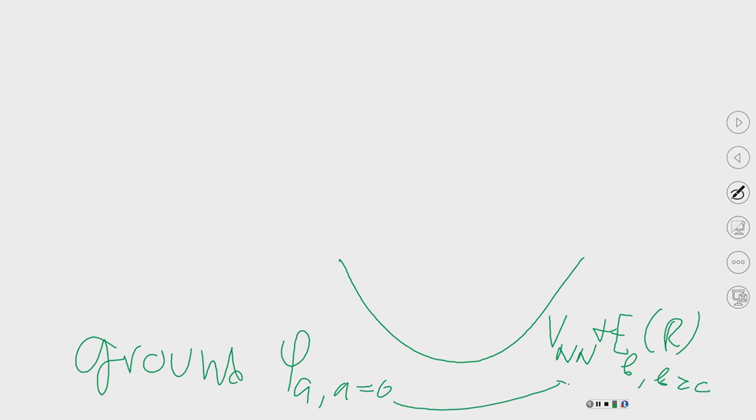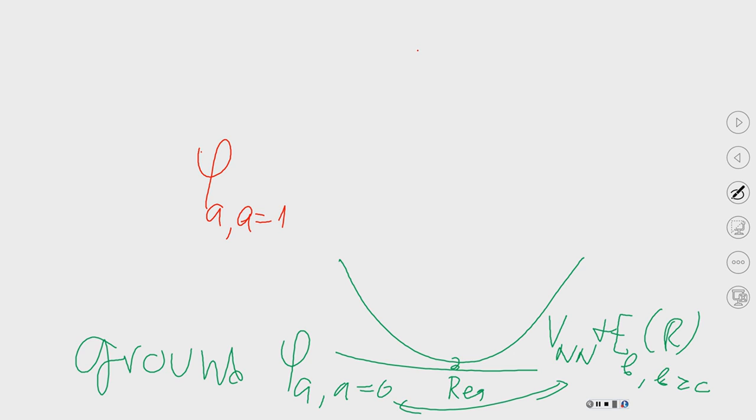So we have an equilibrium position, and we have some curvature of the parabola. Okay. Now we are applying excitation. We are going to the excited state, phi sub A equals 1.